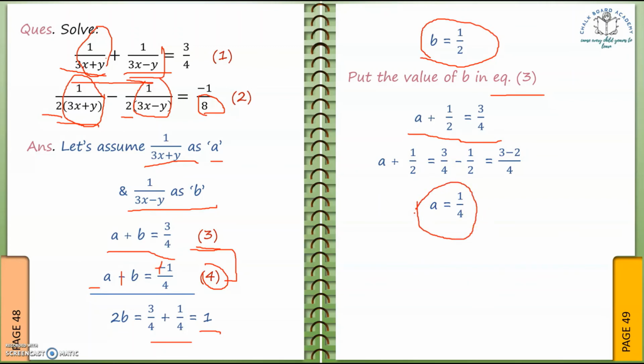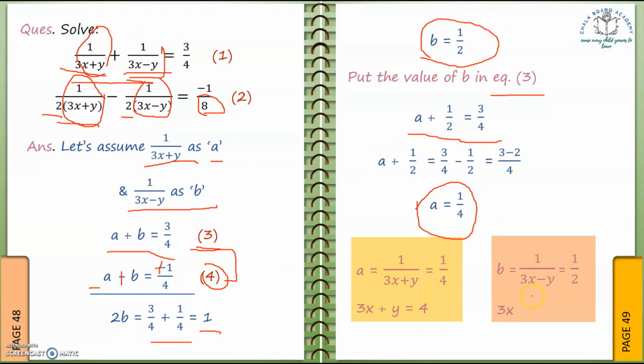Now we have got A and B, and we were supposed to find the values of x and y. So we put the values. A = 1/(3x+y) = 1/4. Similarly, B = 1/(3x-y) = 1/2.